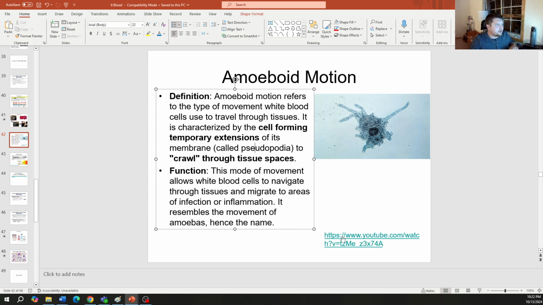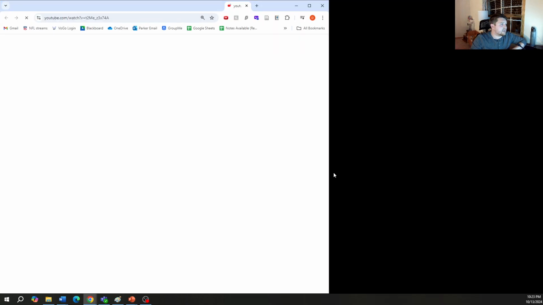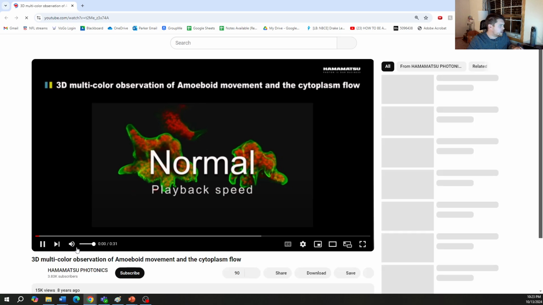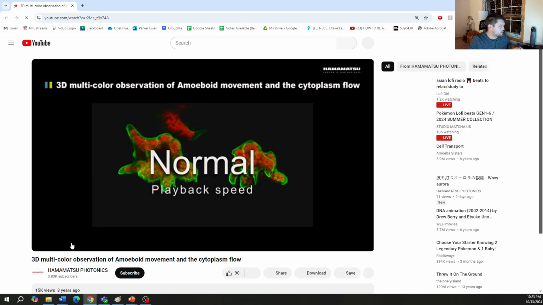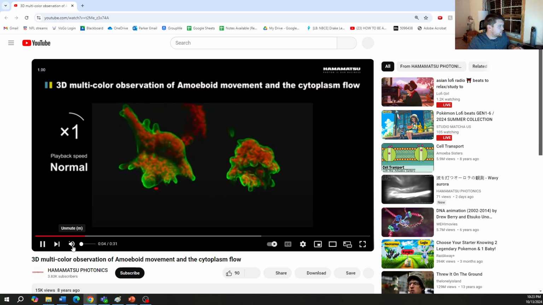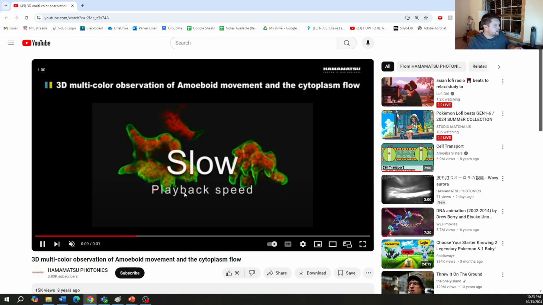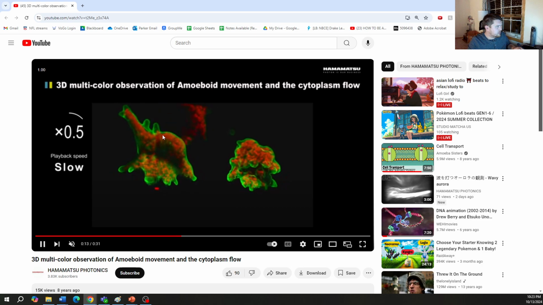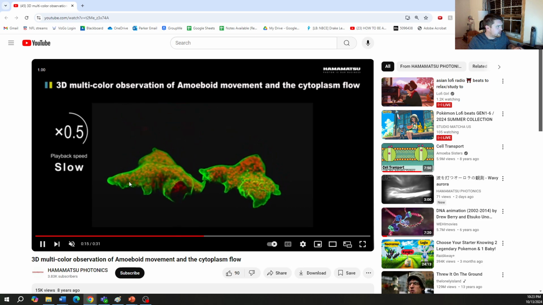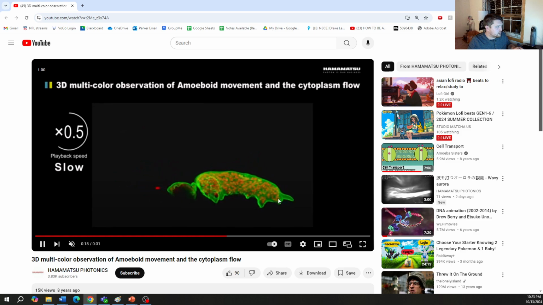I threw in a little YouTube video here as well. Let's see if it'll pull up quick, just so you can actually see this in action. You can see how these little false feet extend out and pull it along.